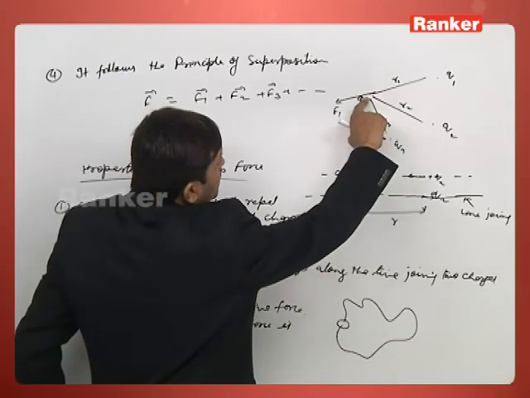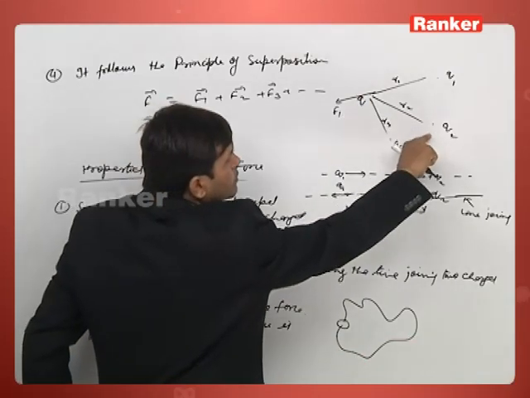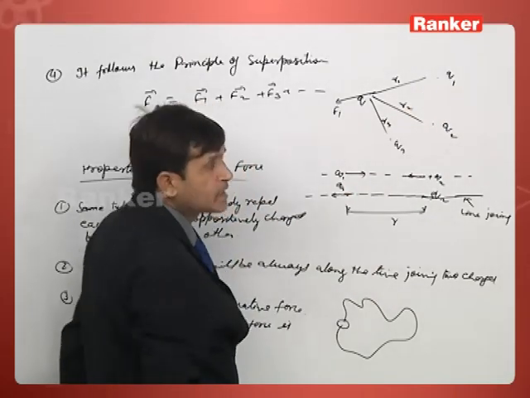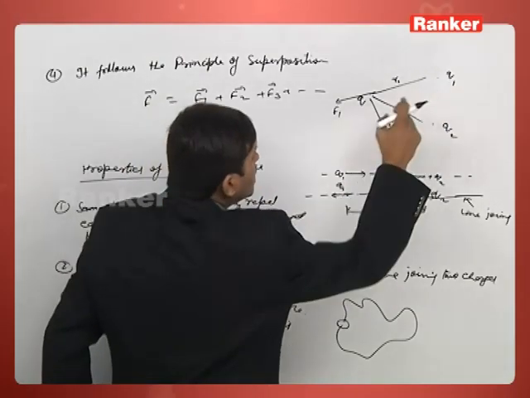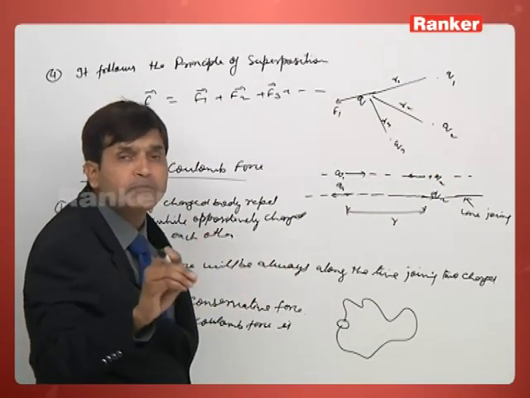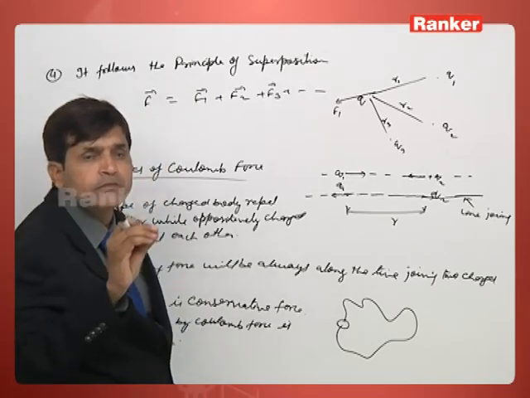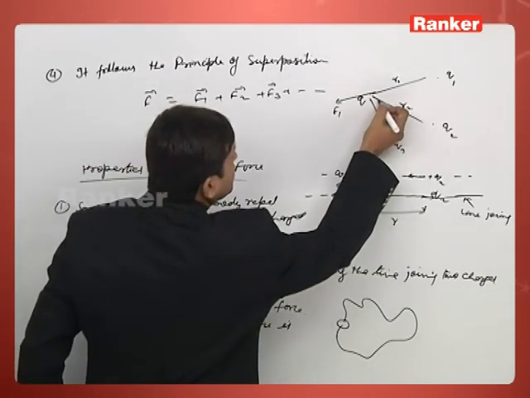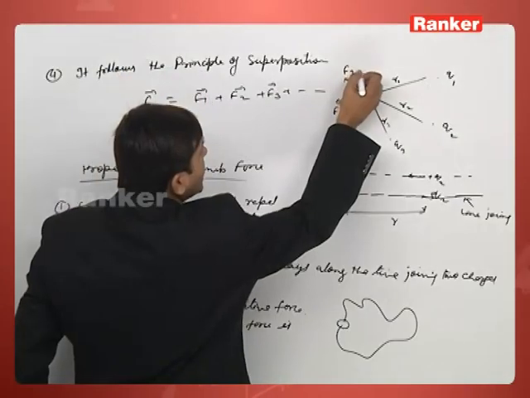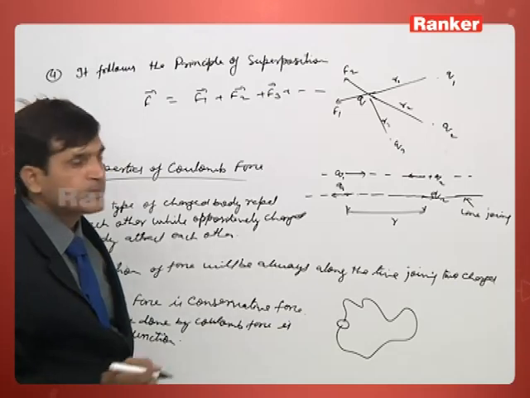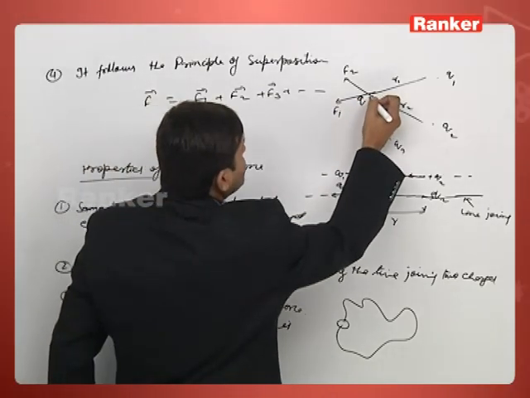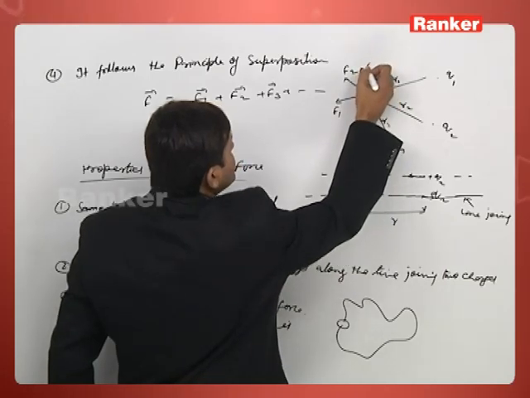Similarly, the force on Q due to Q2 does not depend on the presence of other charges. Whether those are present or not, the direction and the magnitude of force between Q and Q2 will remain the same. So the force on Q due to Q2 is on this side, F2. Similarly, the force between Q and Q3 will also be in this way.